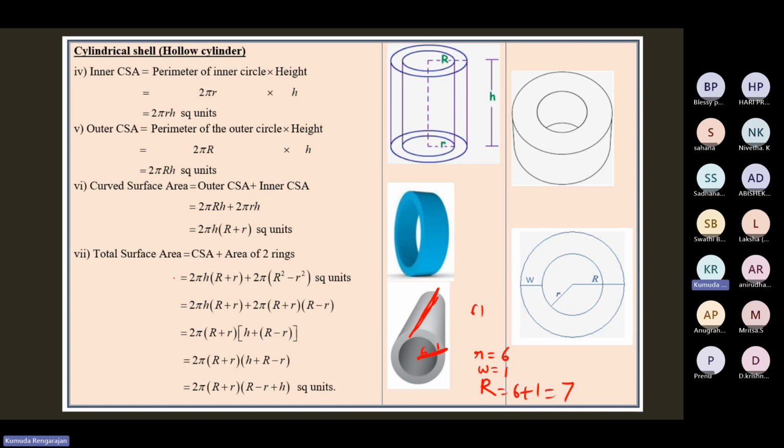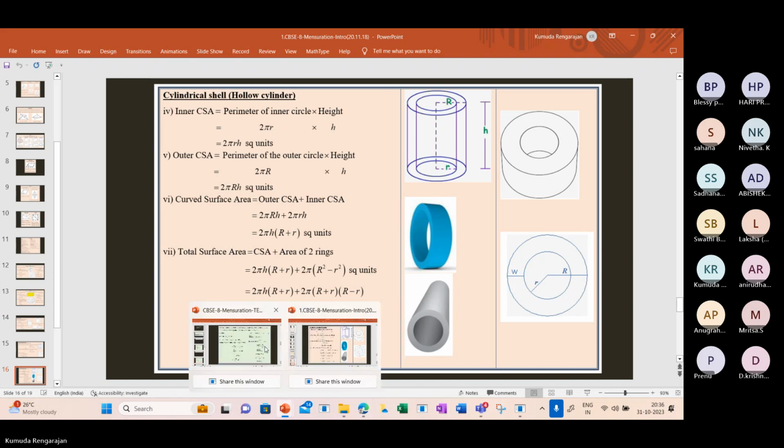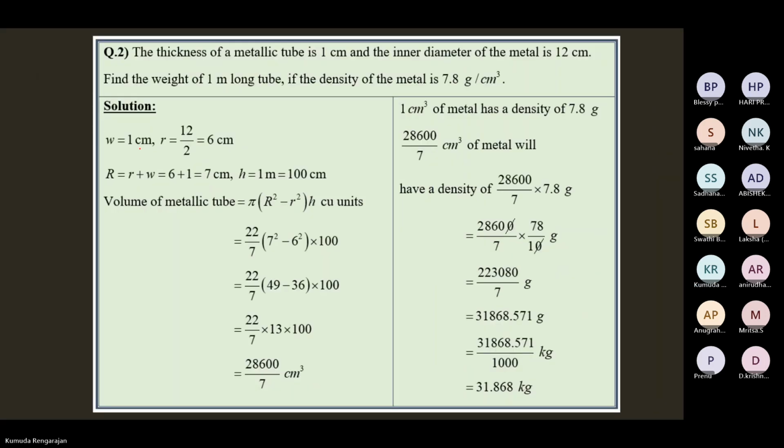So we have all the values. Thickness W is 1 centimeter. Inner diameter 12, so inner radius small r is 12 by 2, 6.